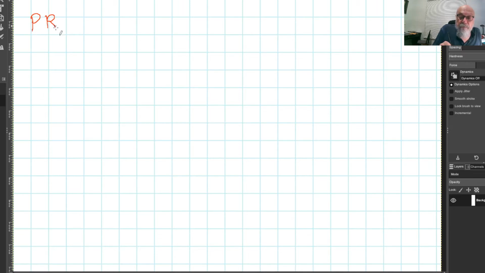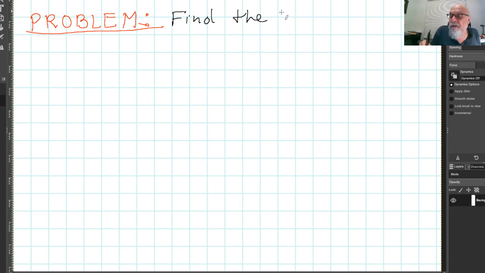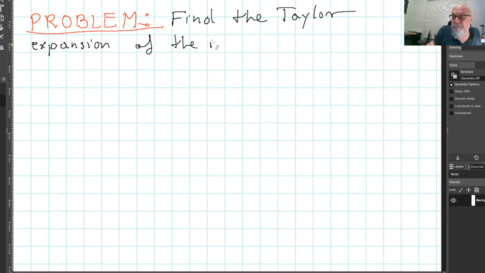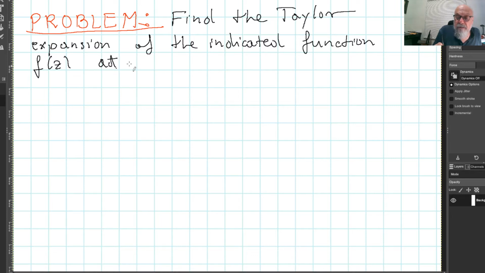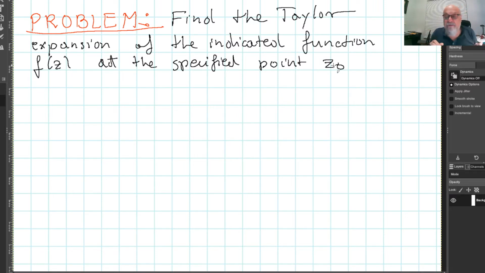So put it like this: problem, and the problem is the following: find the Taylor expansion of the indicated function f of z at the specified point z0, you can say around the specified point z0.